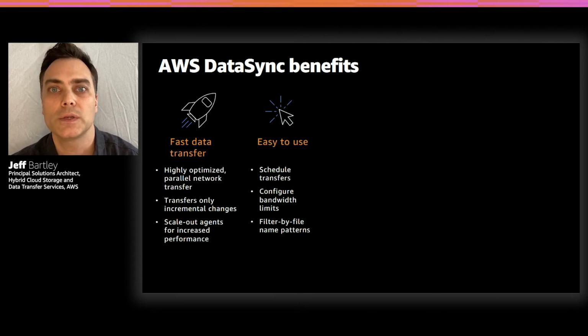So you can imagine a use case where a customer might have a DataSync task running, and during the day they want to limit how much bandwidth DataSync consumes during business hours, but then at night, during off hours, they might ramp up the amount of bandwidth that DataSync is allowed to use. So really cool feature.